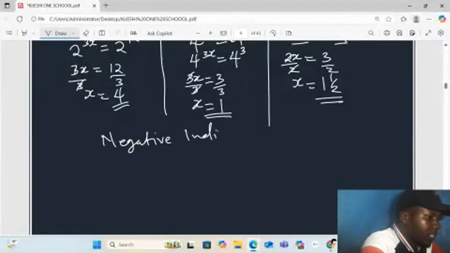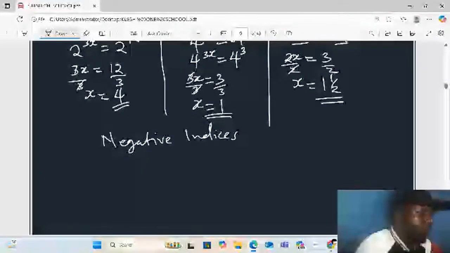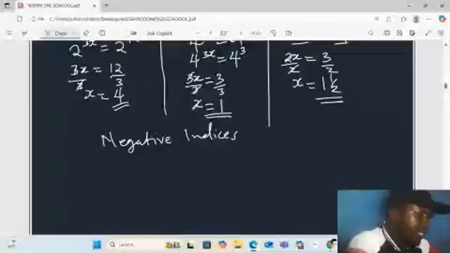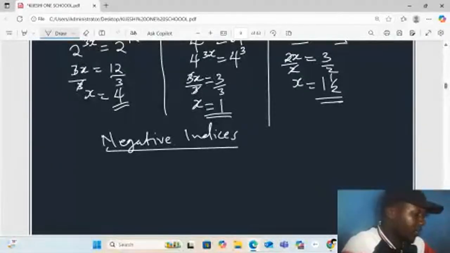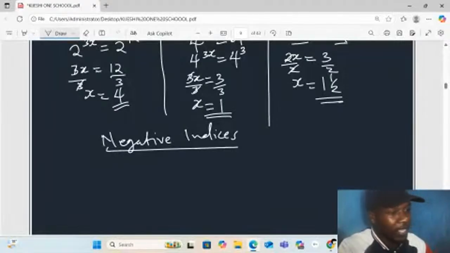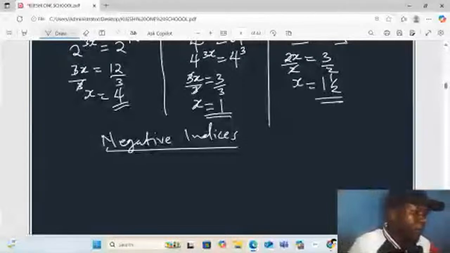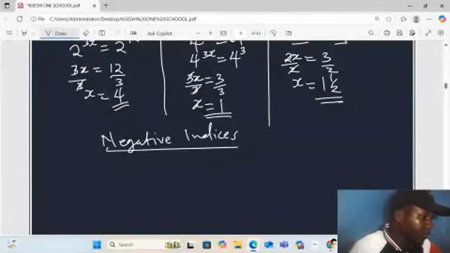This is whereby you are given indices which are negative, and you have to work with them the way they are. So with this one, we can look at I think one or two examples on the same.